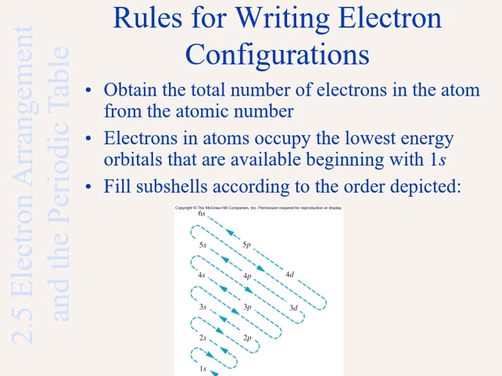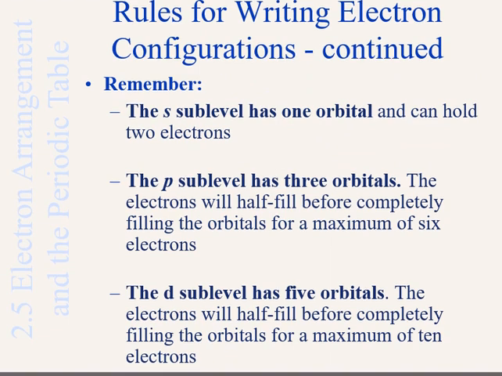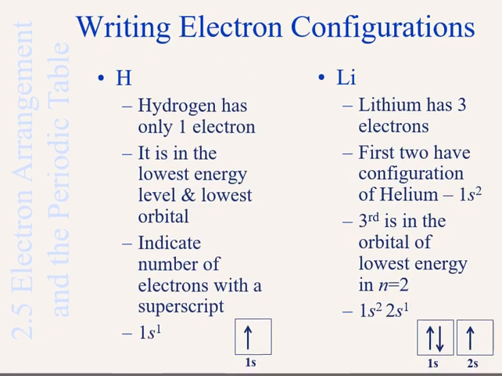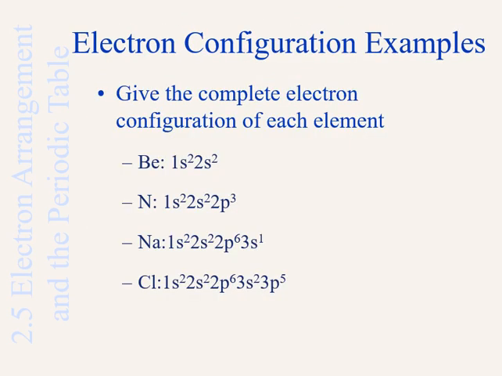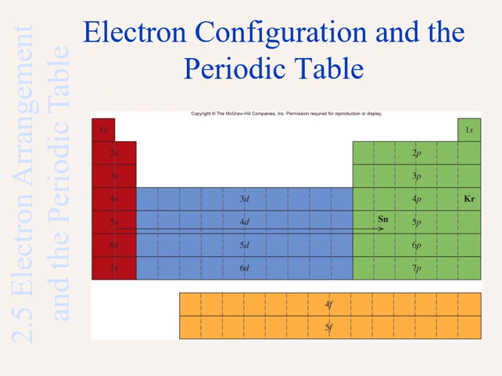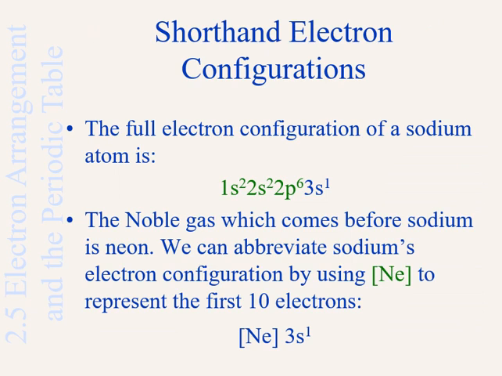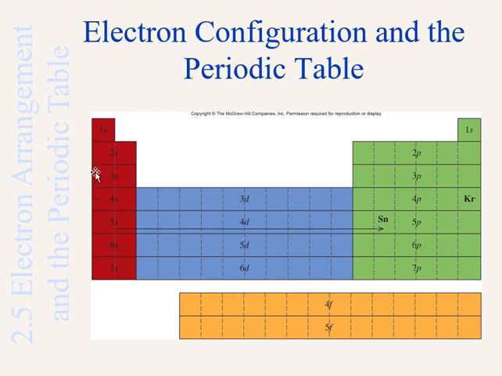Alright, now while writing electron configurations completely is something that you should be able to do, we might prefer not to write them completely. There is a shorthand method of writing electron configurations, also known as abbreviated configurations. For example, the electron configuration of sodium is 1s2, 2s2, 2p6, 3s1. If we go to the periodic table, sodium would be here.